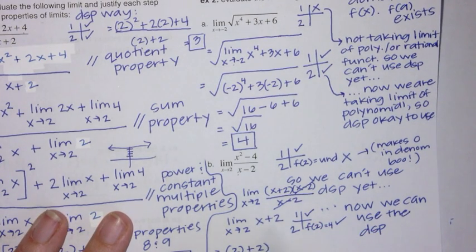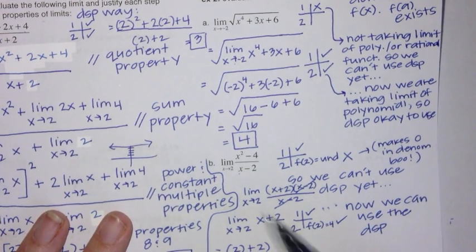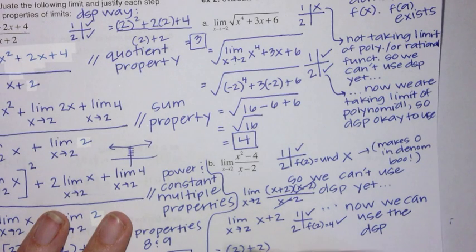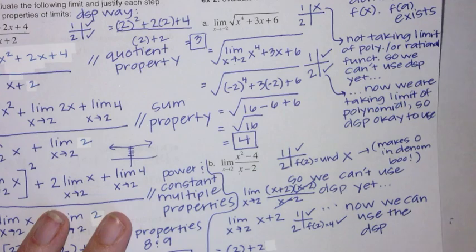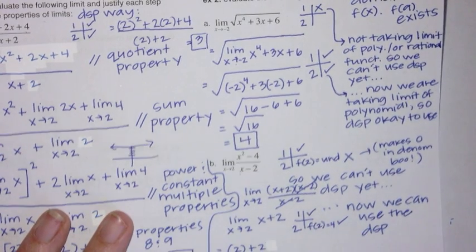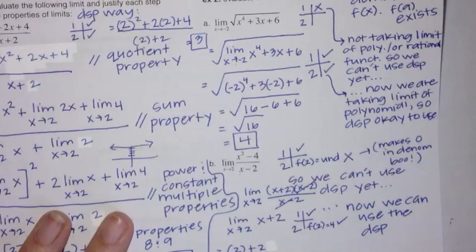Remember, once you use the DSP, which is direct substitution, you don't write the limit anymore. I made a mistake and wrote an extra parenthesis there. So we get 4. Bada bing, bada boom. Flip it over. Let's get this lesson going.